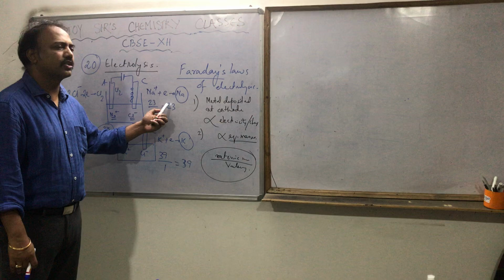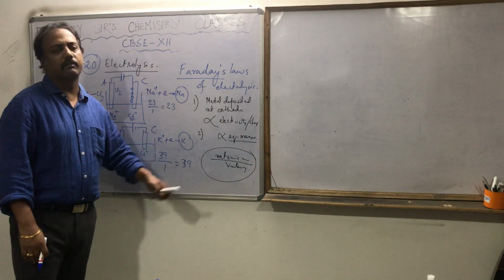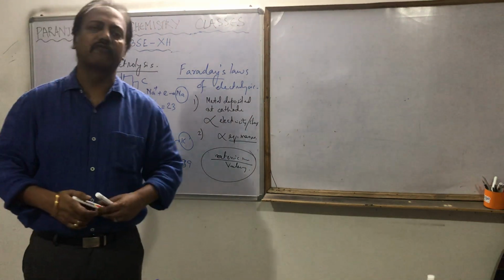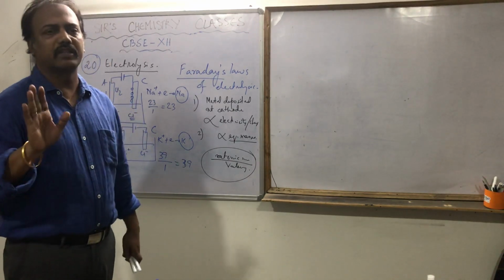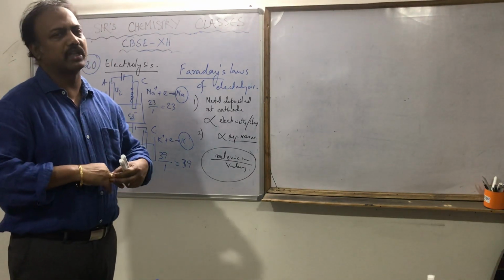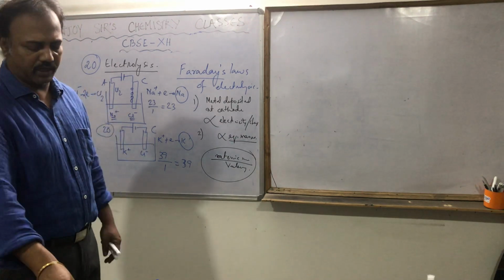They will be in the ratio of 23:39 because these are their equivalent masses. So they deposit in the ratio of their equivalent masses. That is Faraday's laws of electrolysis.